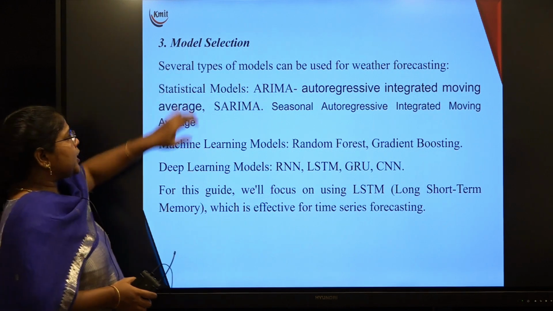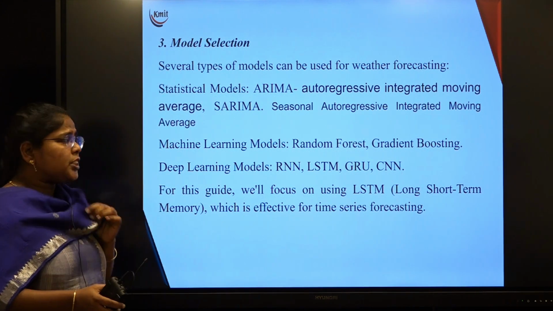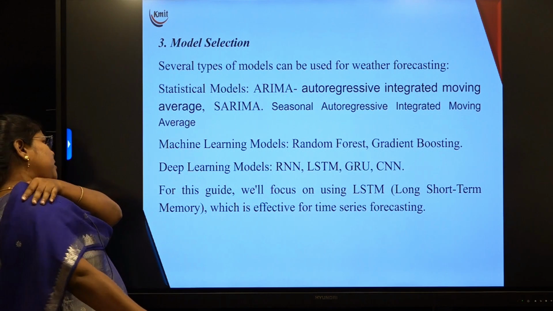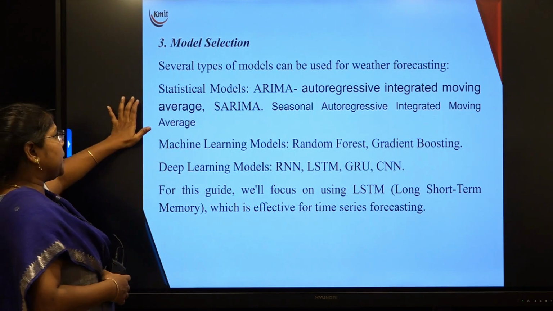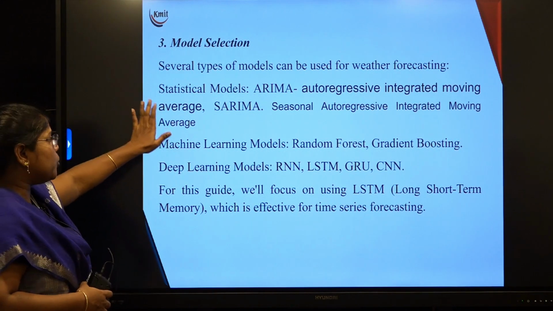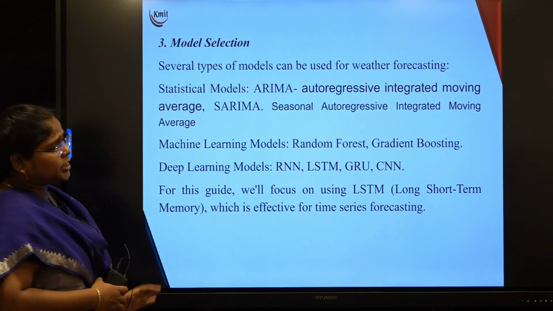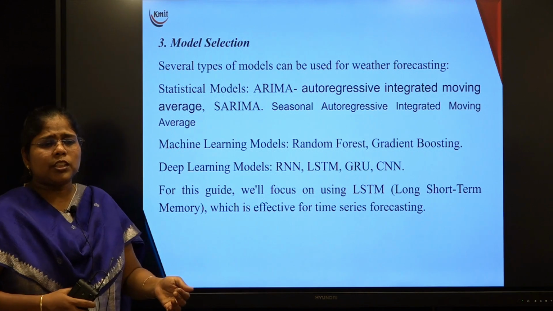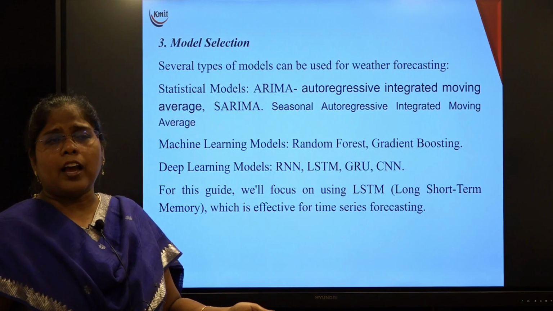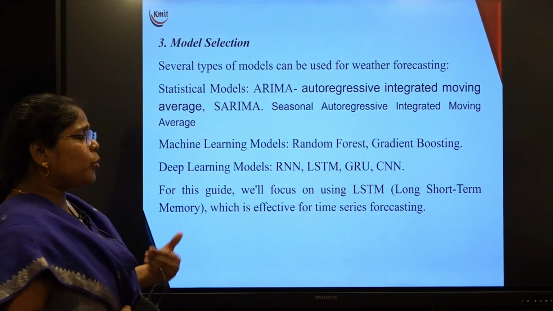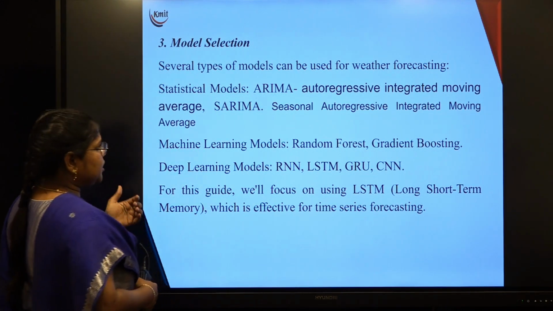Next is model selection. Weather forecasting can be done in different ways, and several types of models are used. One is statistical models. With statistical models, we can create our own API live update system, which is a weather forecasting system.